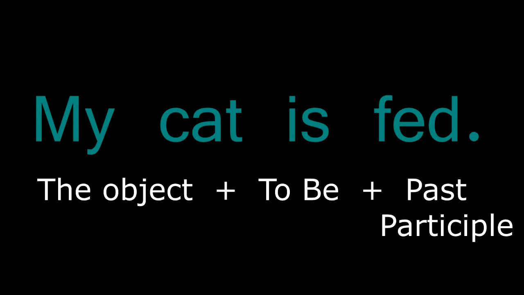My cat is fed. In this sentence, the object is my cat, the verb to be is "is", and the past participle is fed. Well, now, did you know why I used fed and not feed?